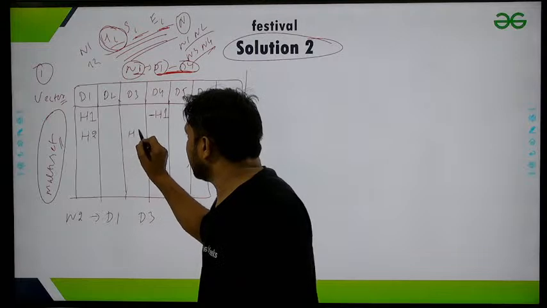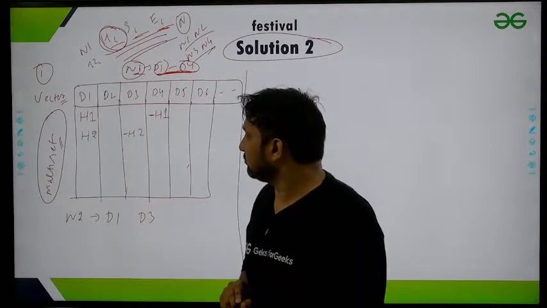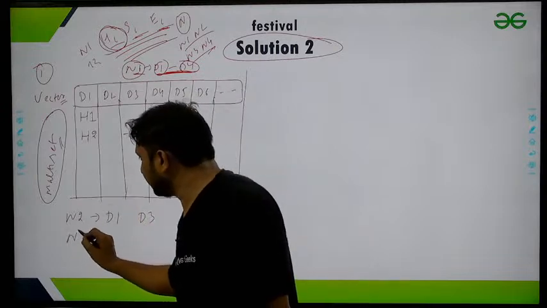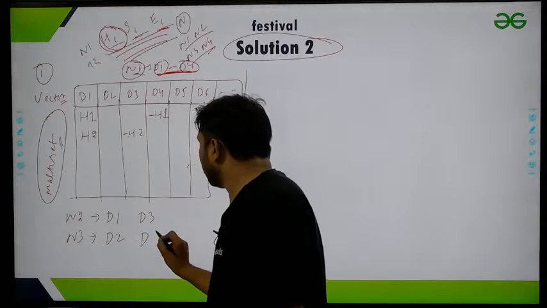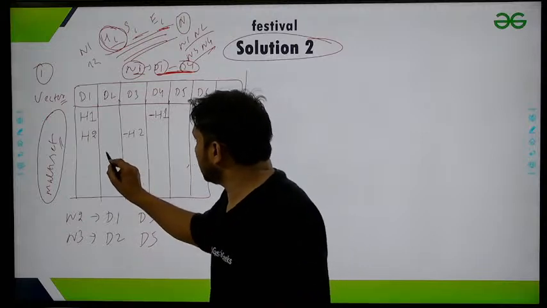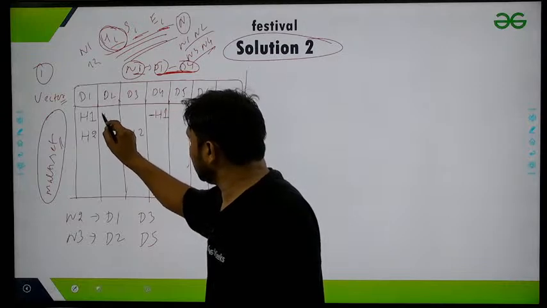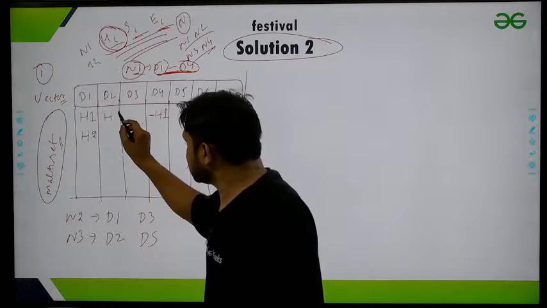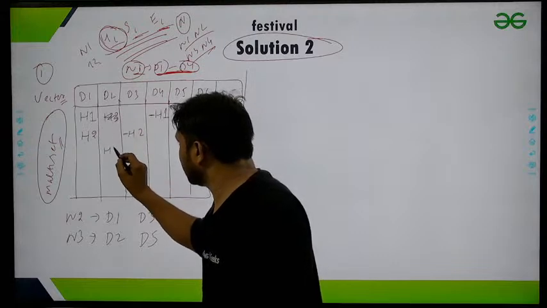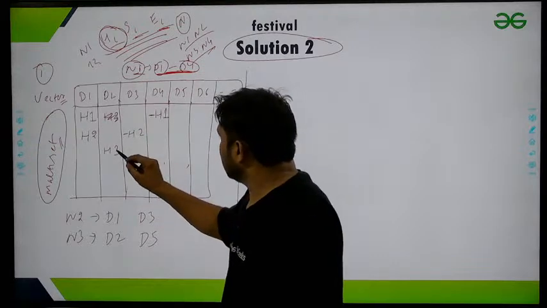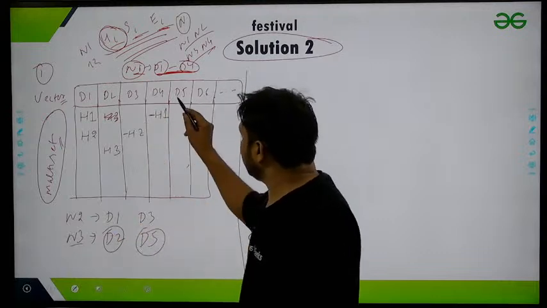And let's suppose n3 starts on d2 and ends on d5, with happiness h3. Let me write it here so this will be clear: h3 starting on d2 and ending on d5.